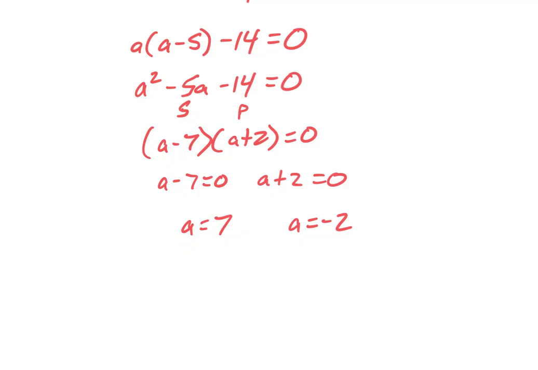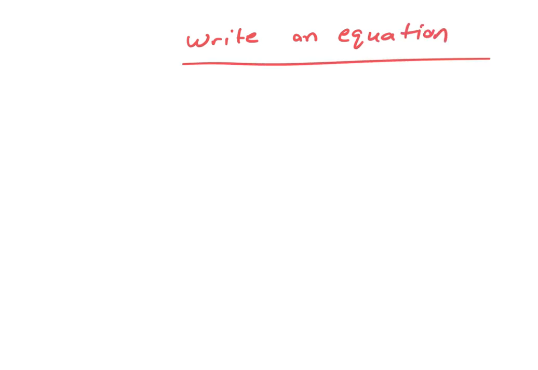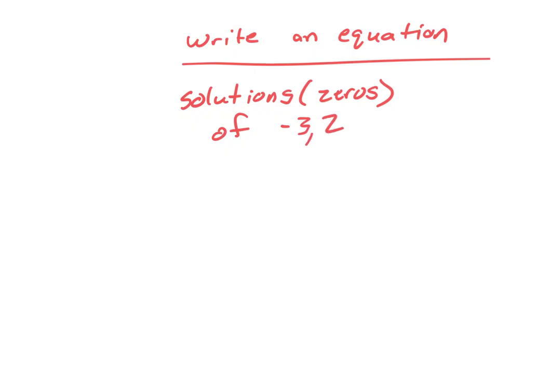So if I were to give you a couple of zeros and ask you to write an equation that has solutions, and sometimes we call those the zeros, of -3 and +2.